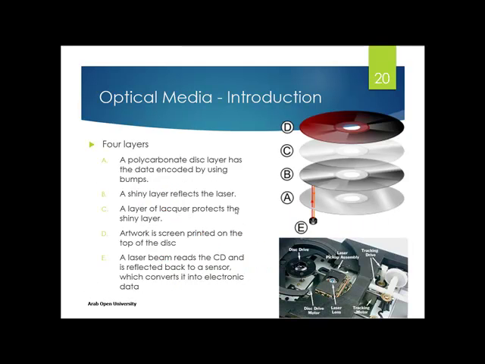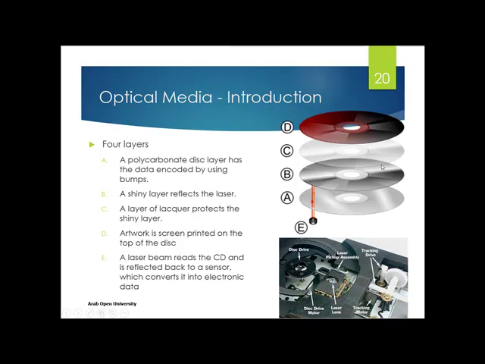In general, an optical media consists of four layers. We're going to start from the bottom to the top. So this is the laser emitter. The first layer near the laser beam is the data layer, where the data is written and encoded. The second layer is the shiny layer that reflects the laser.